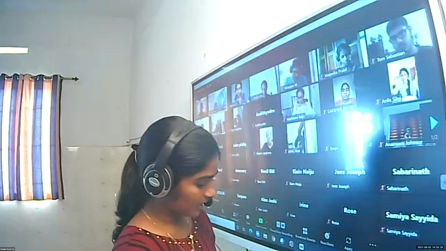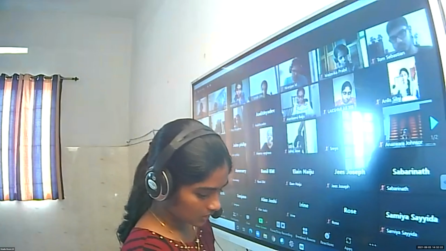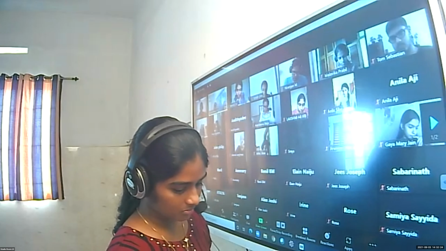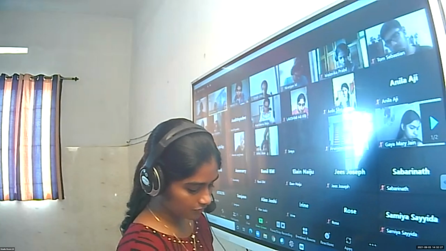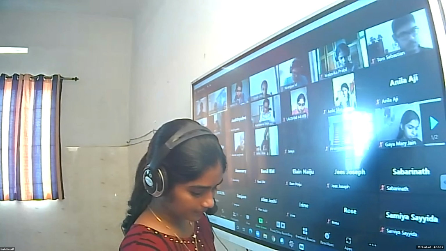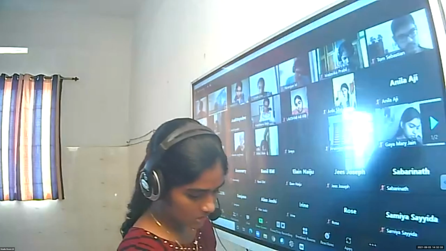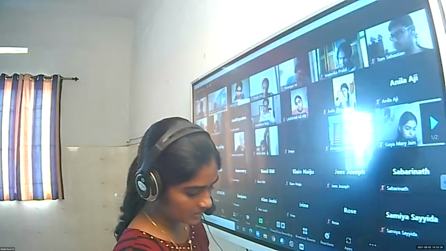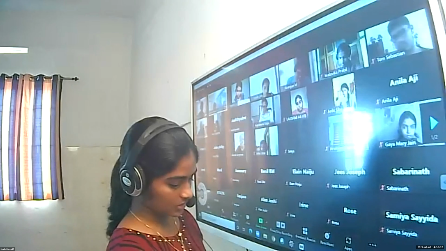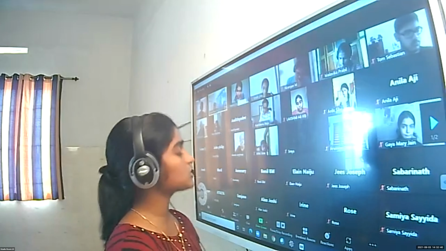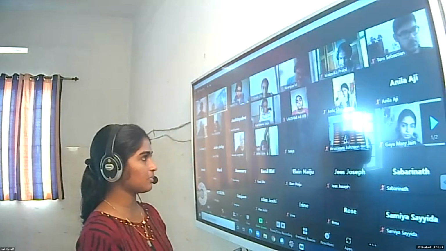Then atomic and molecular masses. That means the properties of matter and their measurement. Then international system of units, mass and weight, volume, temperature, uncertainty in measurement, scientific notation, significant figures, dimension analysis, laws of chemical combinations, the Dalton's atomic theory. These all portions are not included in the syllabus.